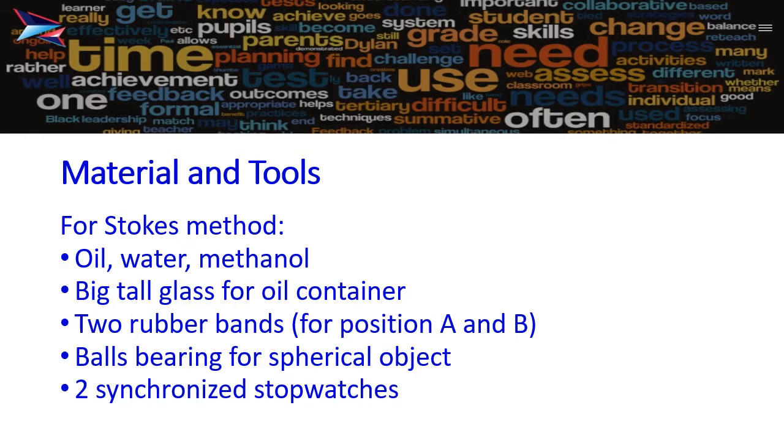The materials and tools that we are going to use in these experiments: first, for the Stokes method, we are going to use oil, water and methanol as the materials, and a big tall glass for the oil container, 2 rubber bands for marking the positions A and B, ball bearings as spherical objects, as well as 2 synchronized stopwatches.